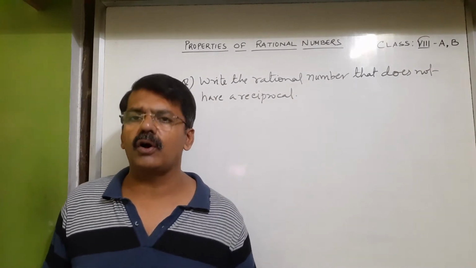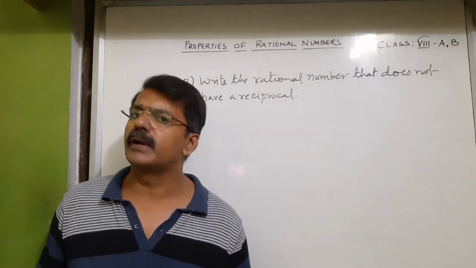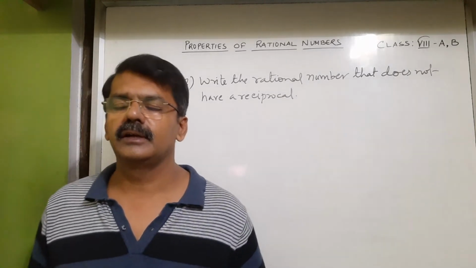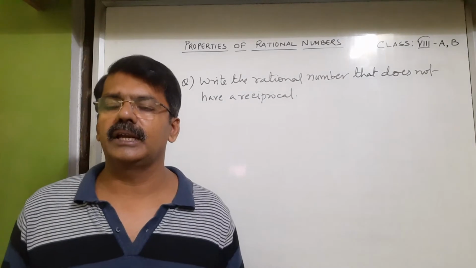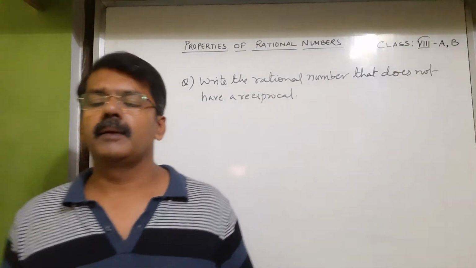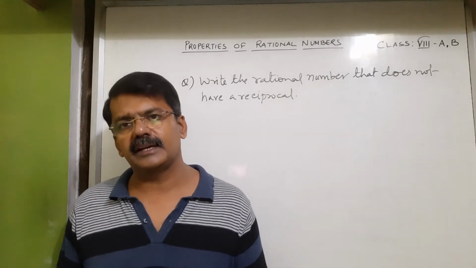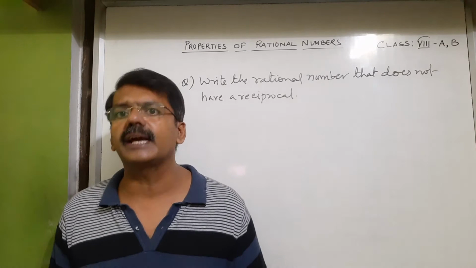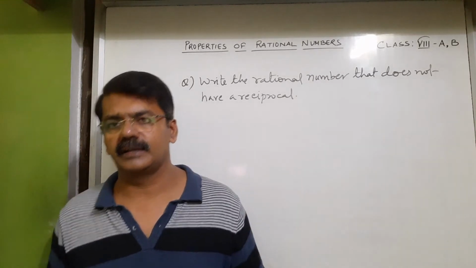Although almost all the rational numbers have reciprocals, just simply you have to change the numerator and denominator. But there is only one rational number that does not have a reciprocal, and the answer is 0, because definitely 0 is a rational number. But when you write the reciprocal of 0, it will be 1 upon 0, and 1 upon 0 is not a rational number. So 0 has no reciprocal.